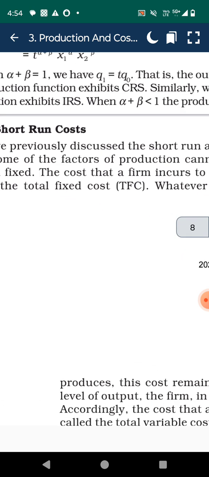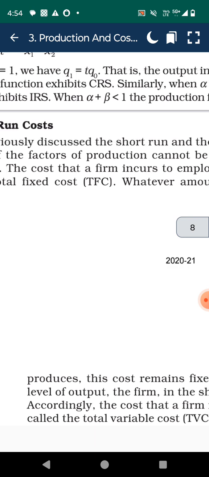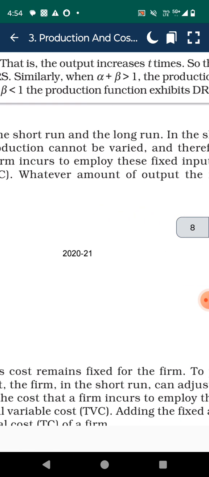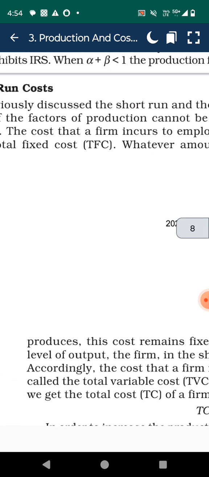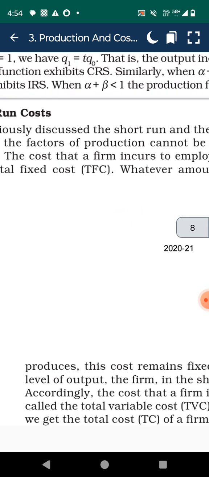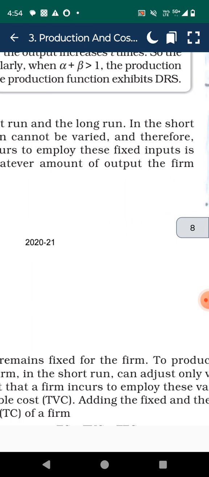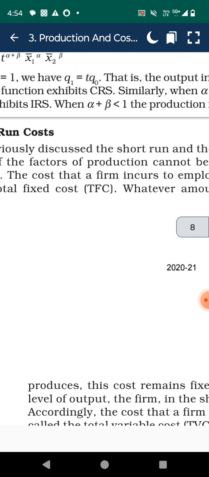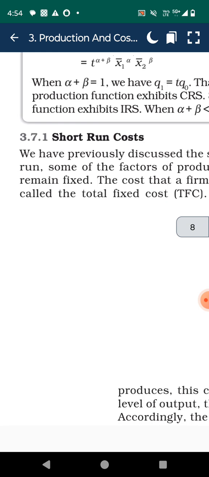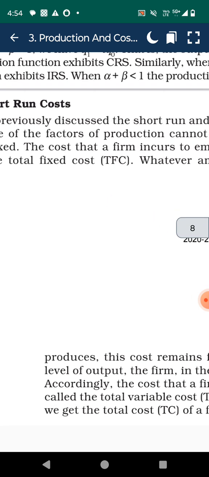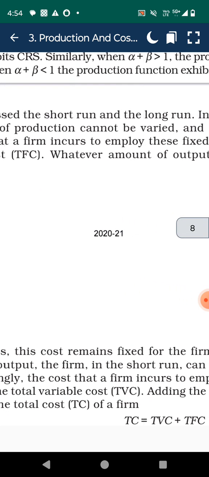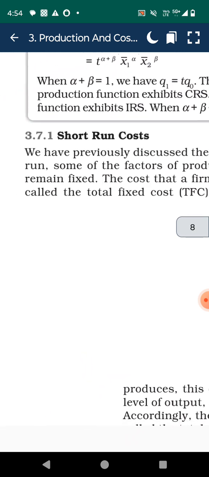When alpha plus beta equals 1, we have Q1 equal to t Q0, that is, the output increases t times. So the production function exhibits constant returns to scale. Similarly, when alpha plus beta is greater than 1, the production function exhibits increasing returns to scale. When alpha plus beta is less than 1, the production function exhibits decreasing returns to scale.